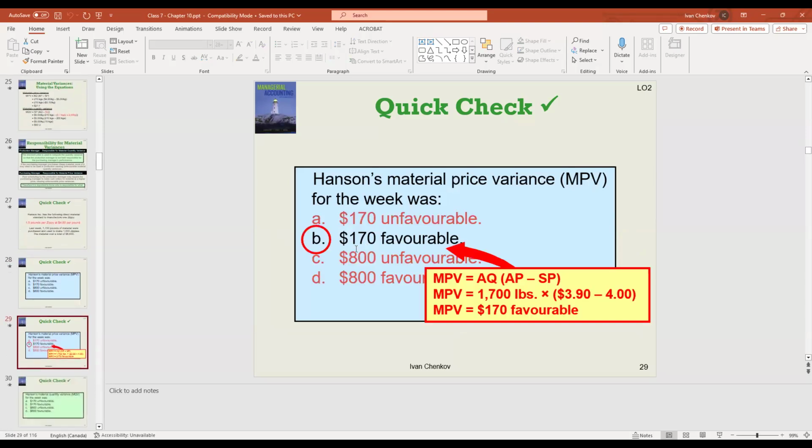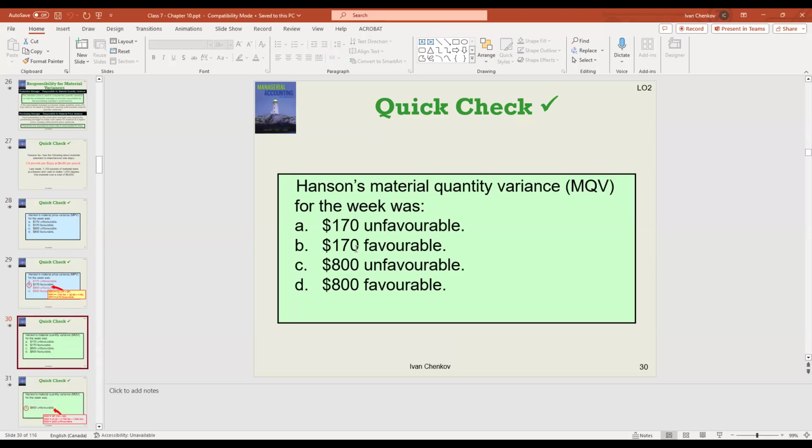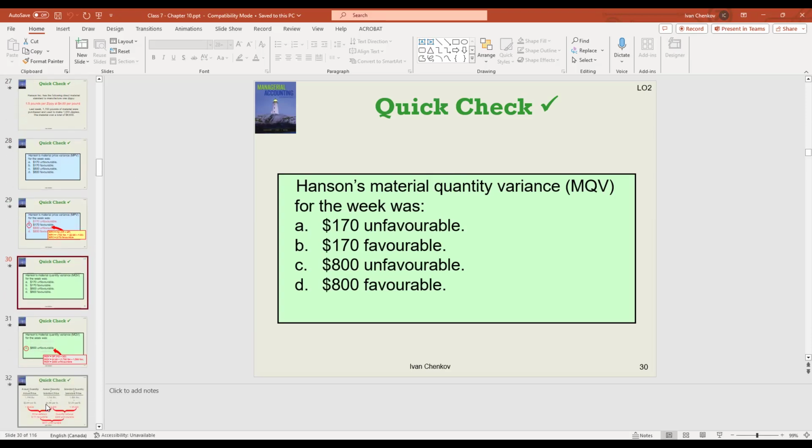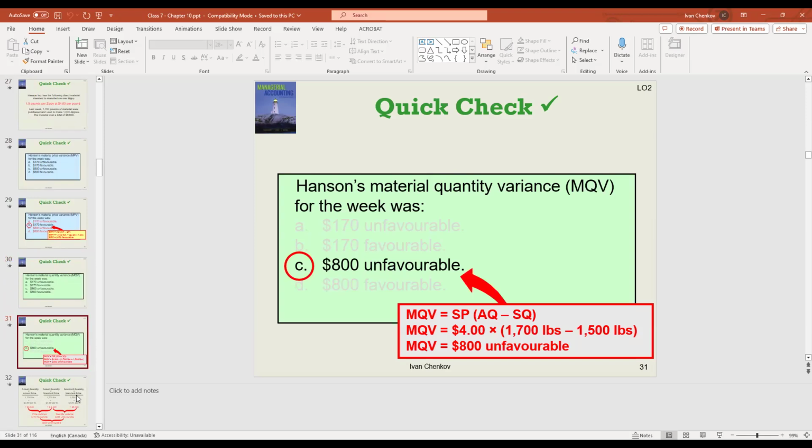Yes, that's correct. And how much is our material quantity variance? $800 unfavorable, correct? So the answer will be C.